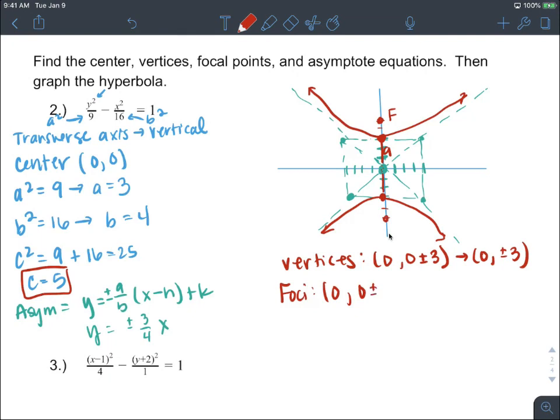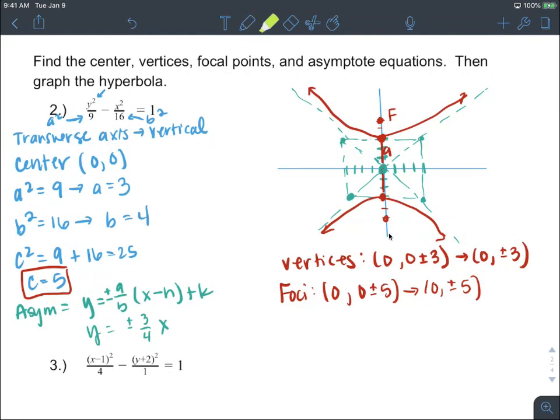So I'm adding and subtracting 5 to the y values, which gives me 0 plus or minus 5. Okay, and then we have our asymptote equation as well. And that's it.